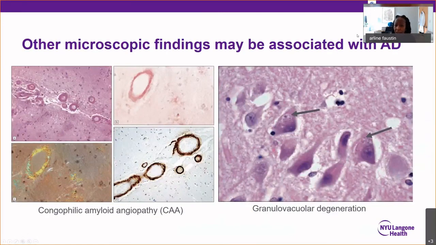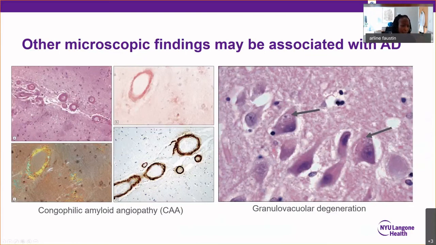Other microscopic findings that are associated with Alzheimer's disease that we see under the microscope, one of which is congophilic amyloid angiopathy, or CAA. So CAA is composed of the A beta protein, the same protein that burdens the plaques that you'll see in the brains. So over here, what you basically see are vessels that are thicker than usual. Look how thick and pink this vessel is, okay?